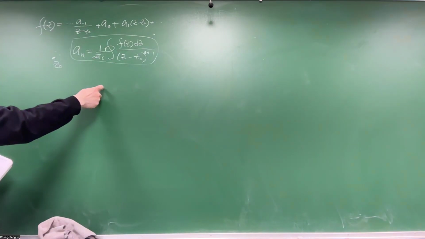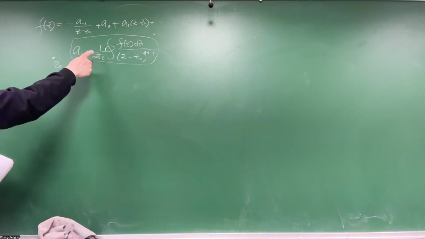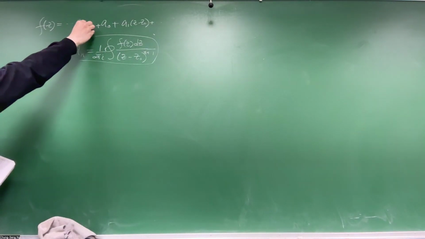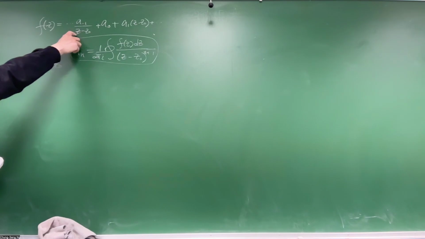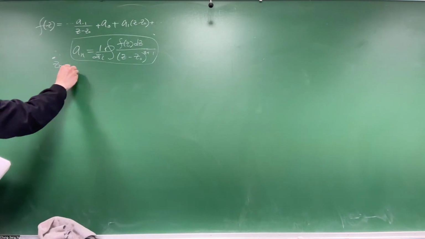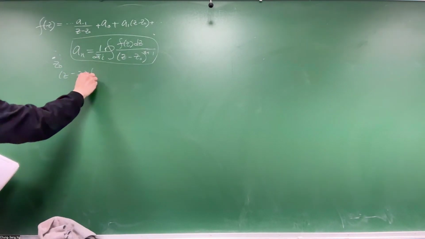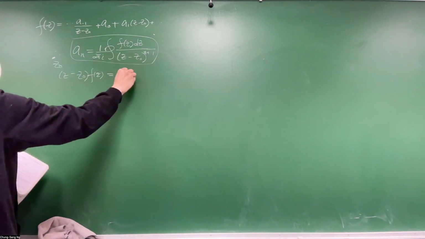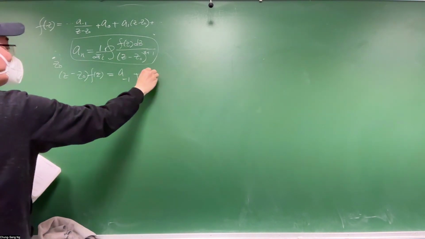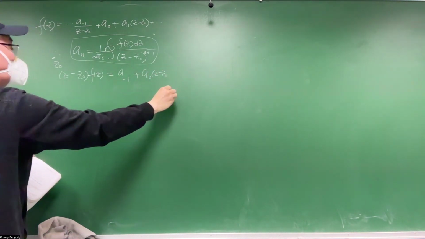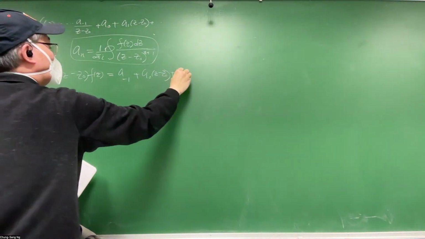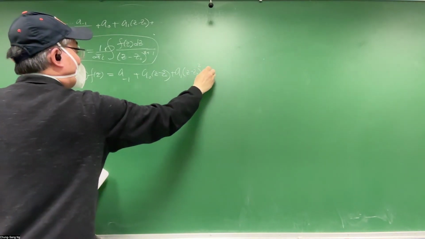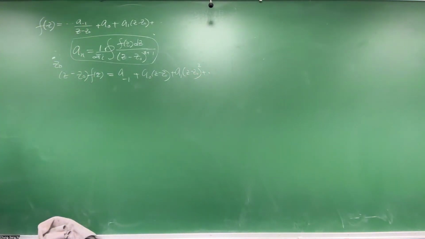Then you get a sub minus 1. Obviously, you first multiply by z minus c sub 0 to get rid of this factor. So you have z minus c sub 0 times that f, which gets rid of this one. You have a minus 1 plus a 0 times z minus c sub 0, that's a sub 1 times z minus c sub 0 to the second power, and so on.